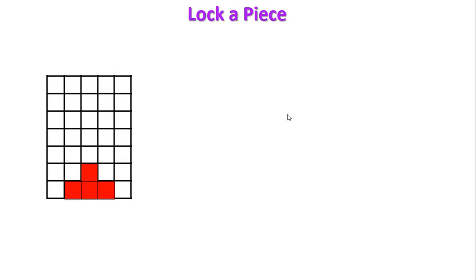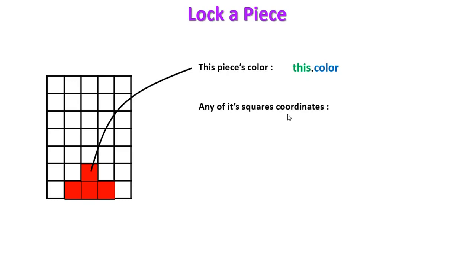This piece has a color given by this color, and any of its squares' coordinates are given by the x position, which is this x plus the column, and the y position. Then to lock this piece to the board, we just have to change the board squares to that color.